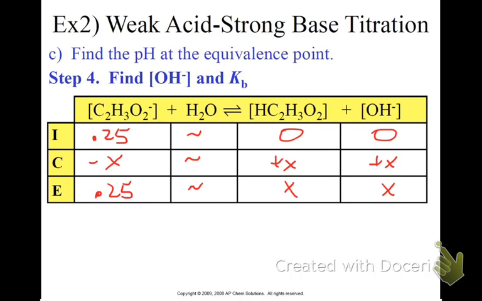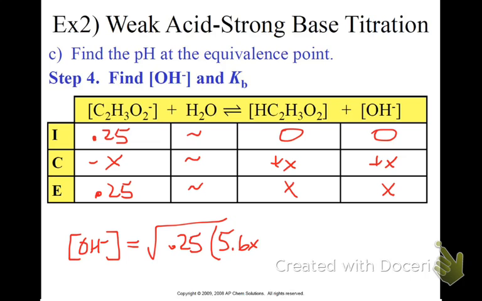Okay, and if we solve for the hydroxide concentration, OH minus, it's going to equal the square root of 0.25 times that Kb value we got, so 5.6 times 10 to the negative 10th. So that means the hydroxide concentration is 1.2 times 10 to the negative 5th molar.